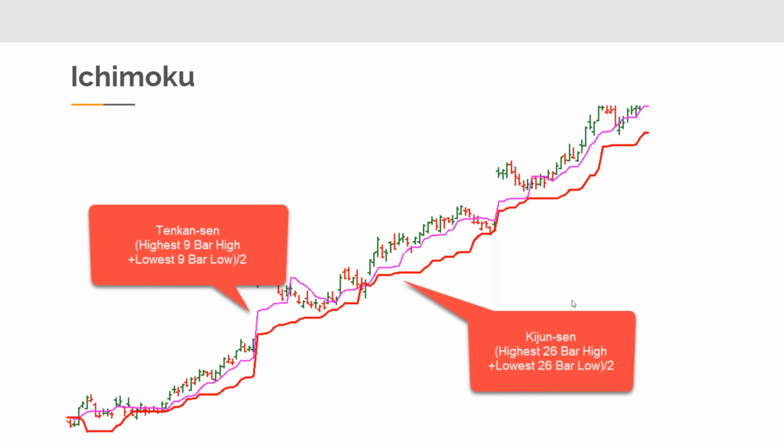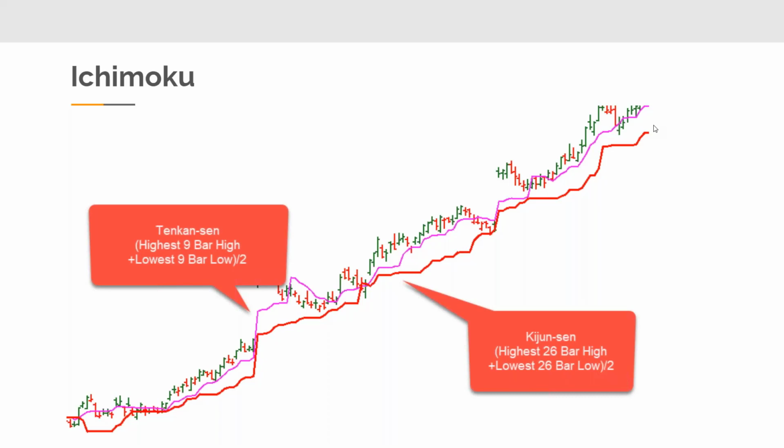The line under here, the red line, is called the Kijun-san, and it's the same calculation. Look at the highest high, except you're using 26 bars. So you'd look for the highest high within 26 bars, add it to the lowest low within 26 bars, and divide it by 2.